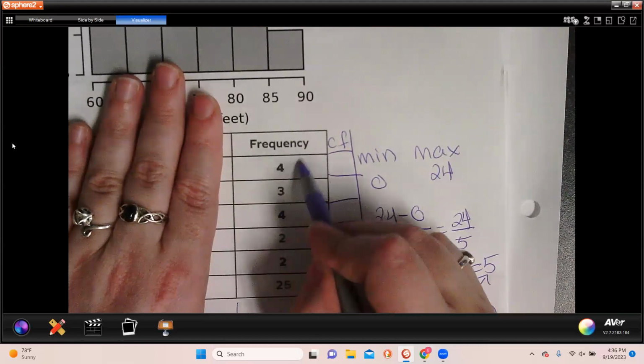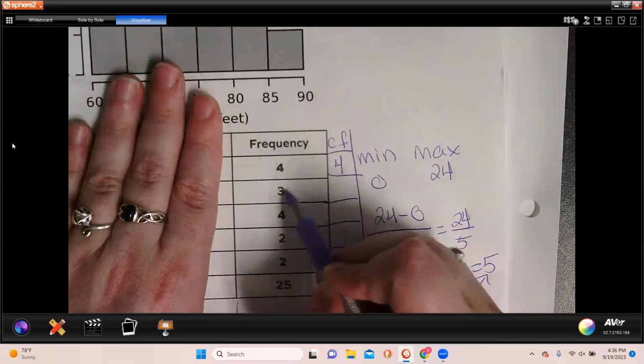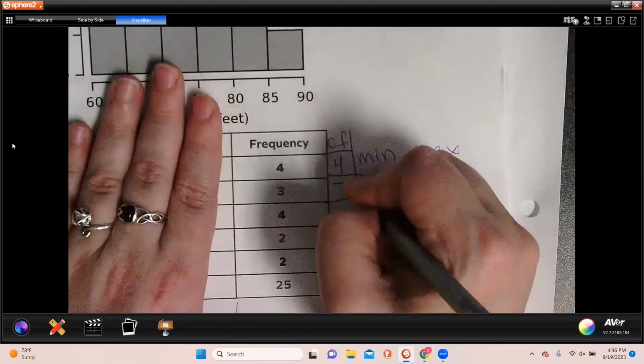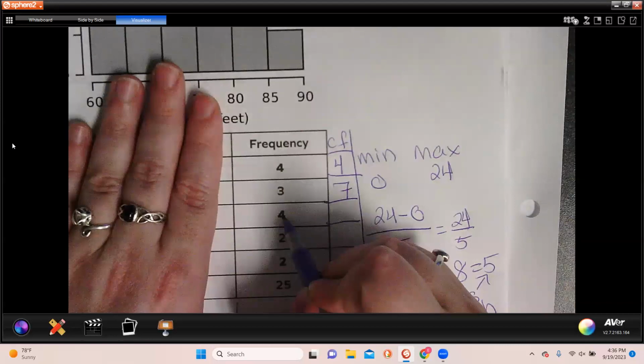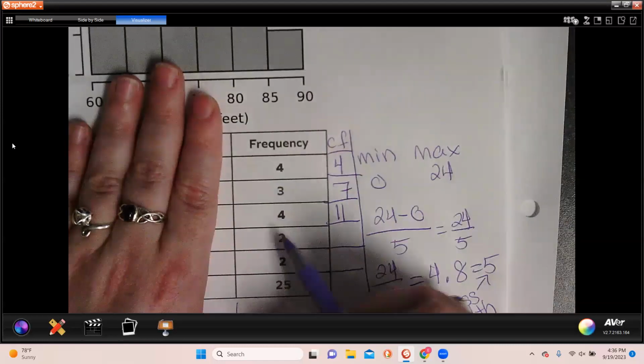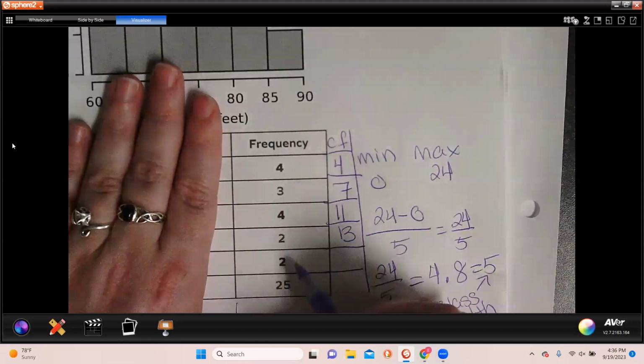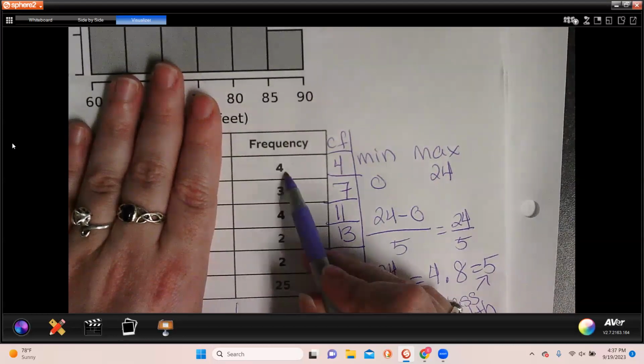My first one has nothing before it, so its cumulative frequency is still 4. The 3 has a 4 above it, so 3 plus 4 is 7. This 4 has a 3 and a 4 above it, so 4 plus 3 plus 4 is 11. This 2 has 4, 3, and 4 above it, so 2 plus 4 plus 3 plus 4 makes 13. This 2 has 2, 4, 3, and 4 above it.